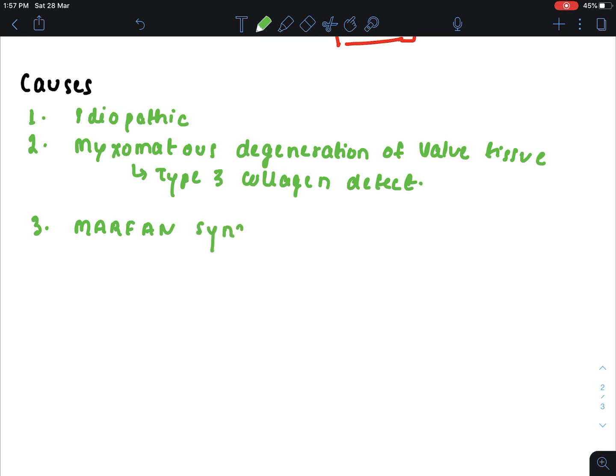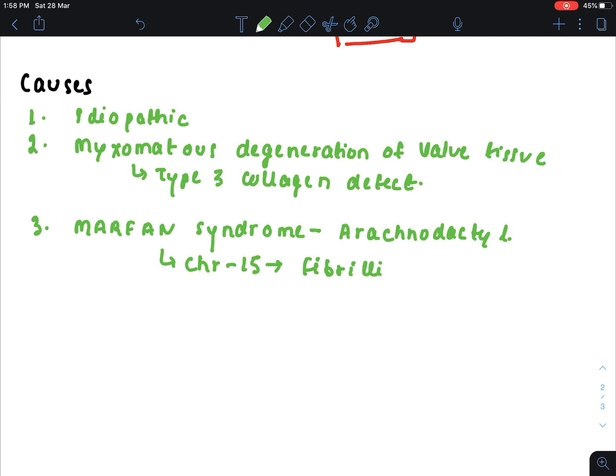In Marfan syndrome, you can see there is an increase in the size of the fingers. This is known as arachnodactyly. Here there is a chromosome 15 defect, and because of it there will be abnormal protein synthesis, an abnormal fibrillin 1 protein defect.